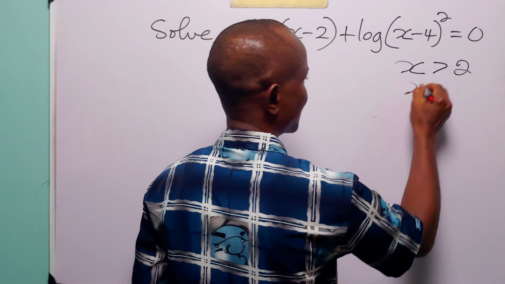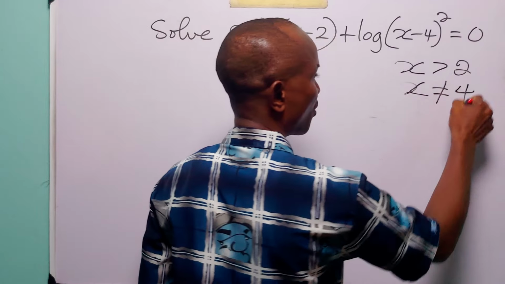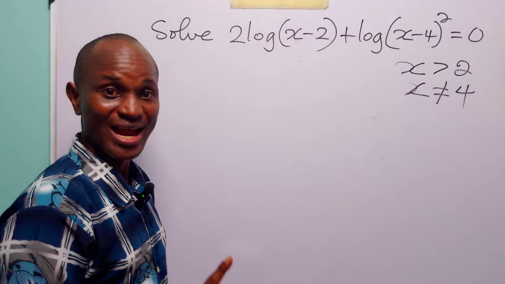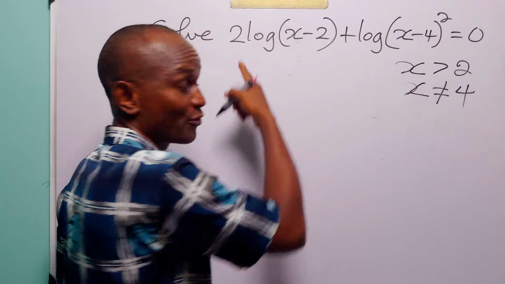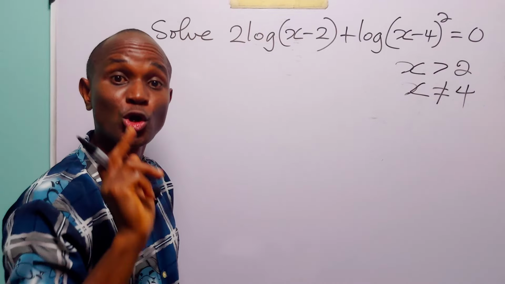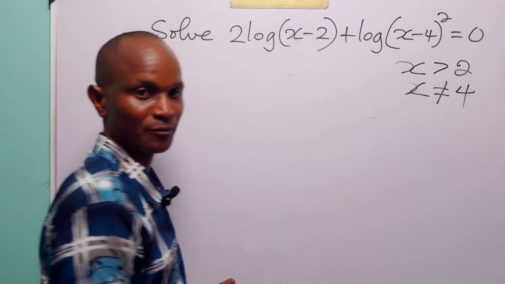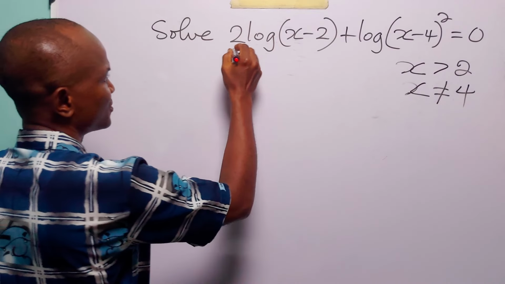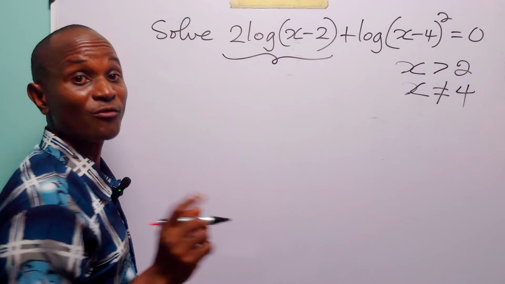So in general, the values of x that satisfy this logarithmic equation must be greater than 2, but not equal to 4.